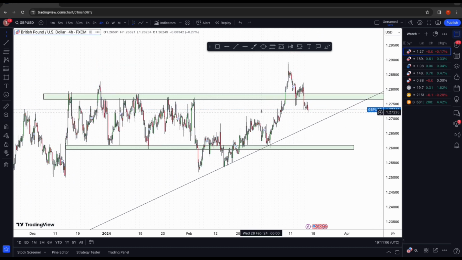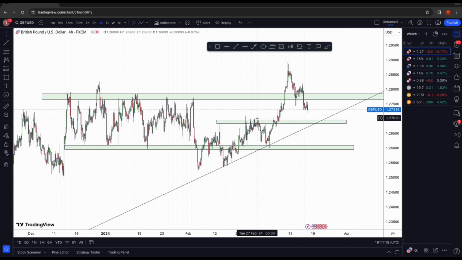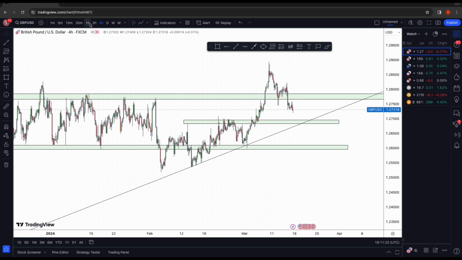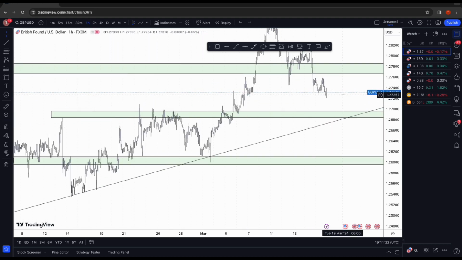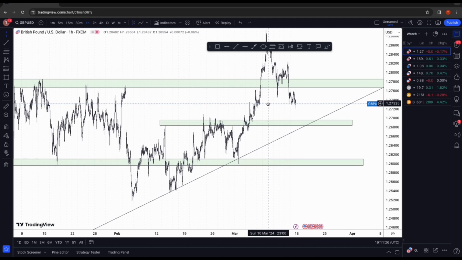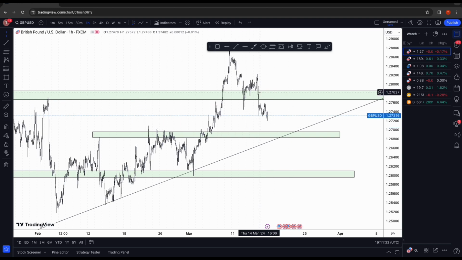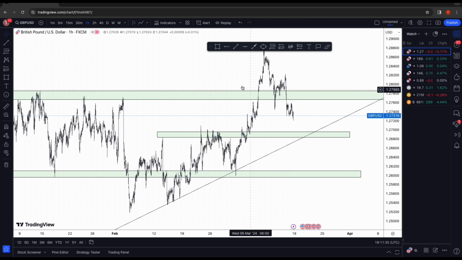Looks like we're heading back towards this sort of support level, which I also had marked out while price was trading on this area. So at the moment, price is sort of floating in the middle between two higher time frame zones.